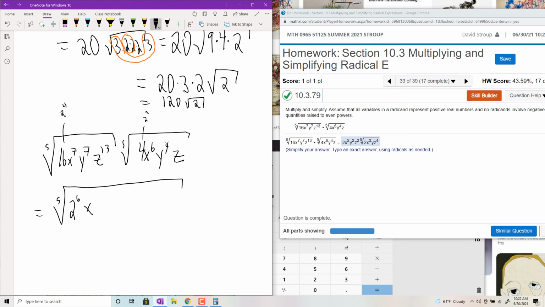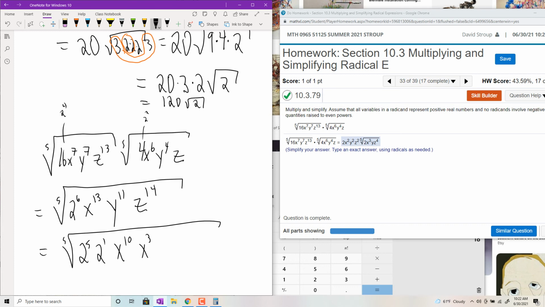And then x to the 7 plus 6 is 13, sorry. Y to the 7 plus 4 is 11. Z to the 13 plus 1 is 14. And then we're looking for perfect fifths. So we get 2 to the 5th times 2 to the 1. X to the 10th times x cubed. Y to the 10th times y.